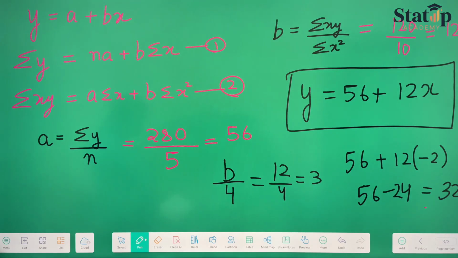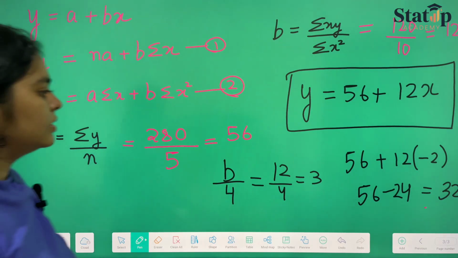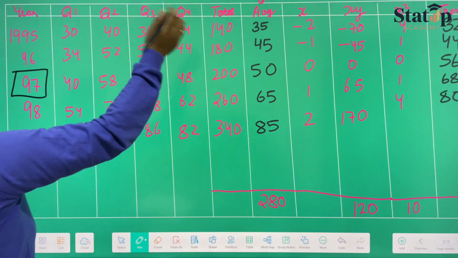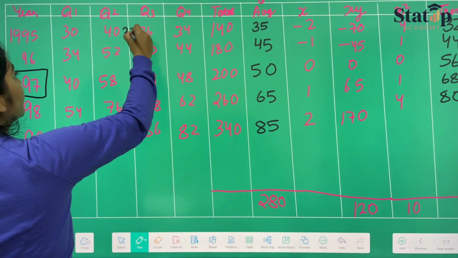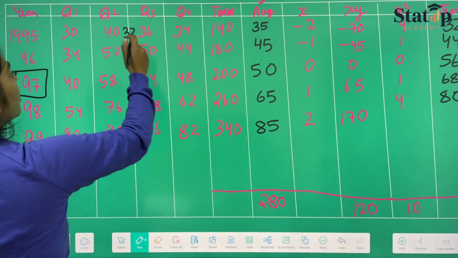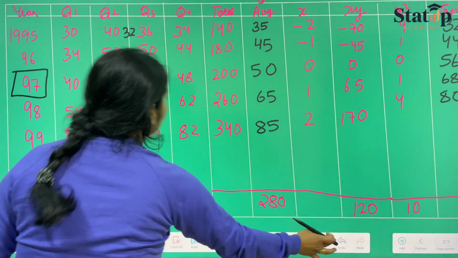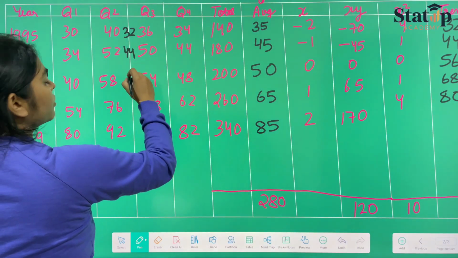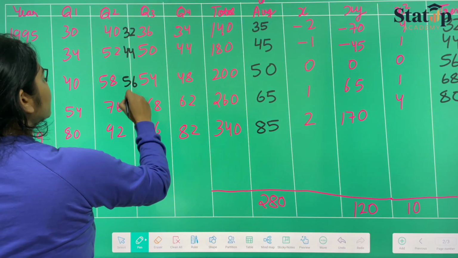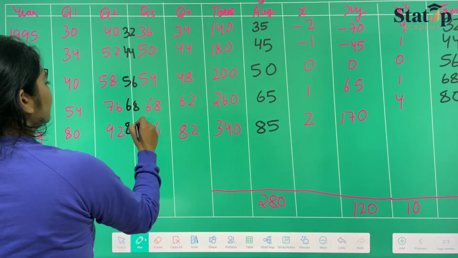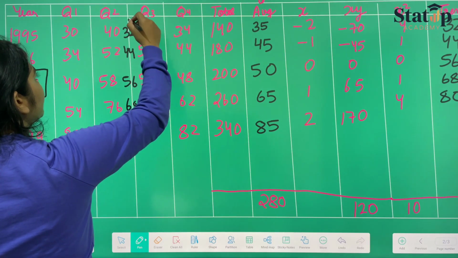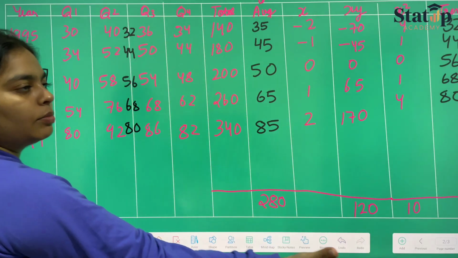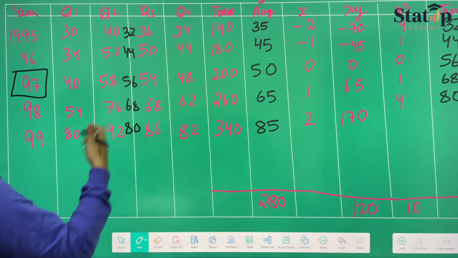Now, since these trend values, 32, 44, 56, 68, 80, are present in the middle, and the difference between two quarters is 3, if we move to the right it will be plus 3, and if we move to the left it will be minus 3.